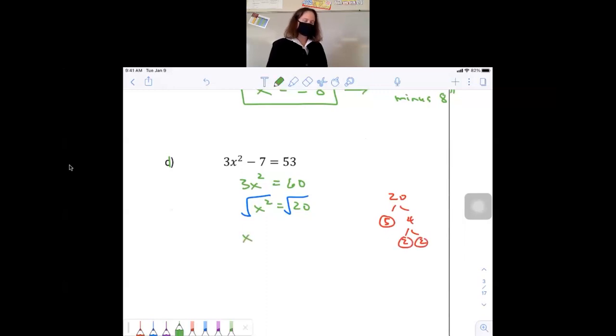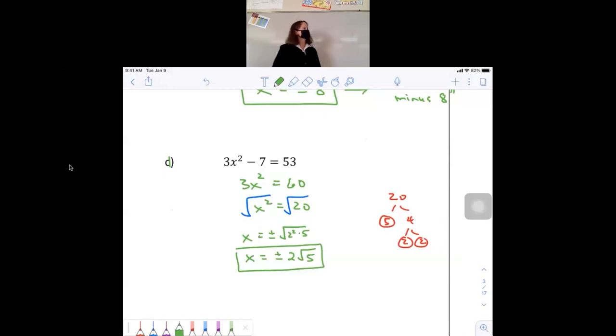So, 20, I heard 5 and 4. 5's a dead end. 4 is, there you go. So now when I'm rewriting this is going to be x is equal to, don't forget the plus or minus.